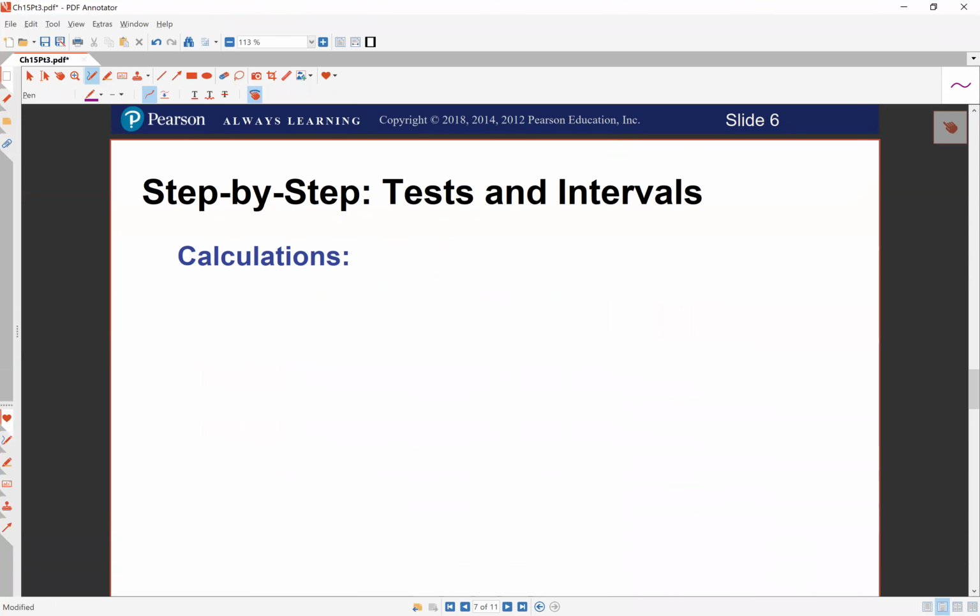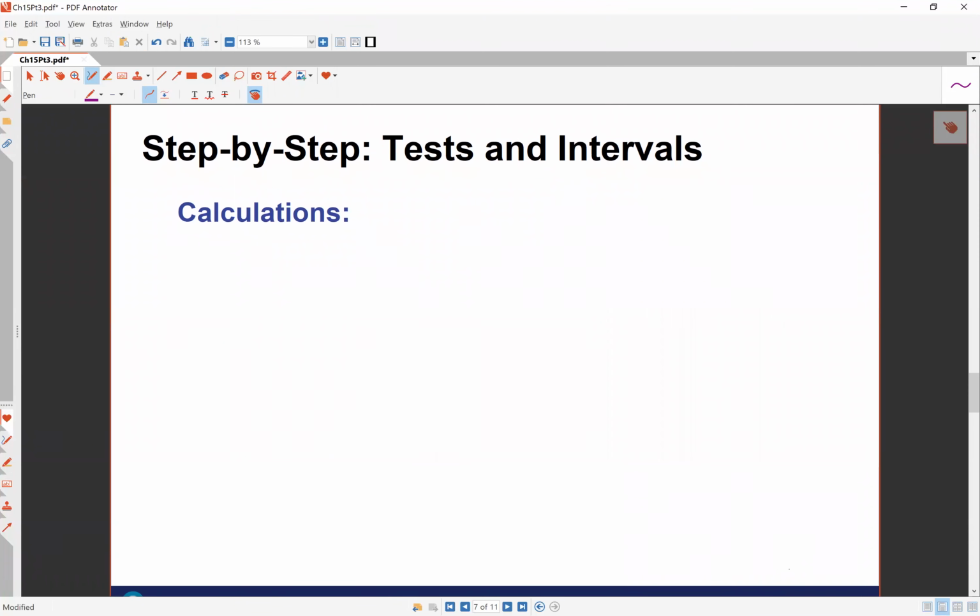So how do we implement that? Well, for a test in this case, we need to know what our sample proportion is. I'm just rounding it to 3 decimals in this case. Our sample proportion is 0.538. Our proportion under the null hypothesis is 0.5. And we also need to calculate the standard error for our z-test.